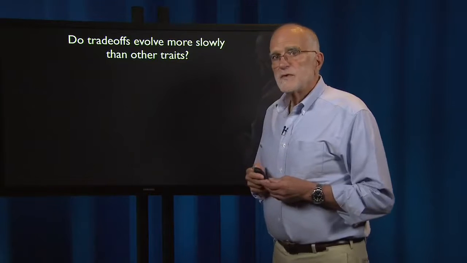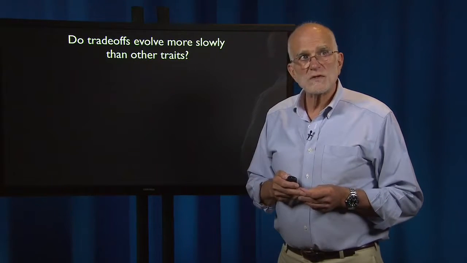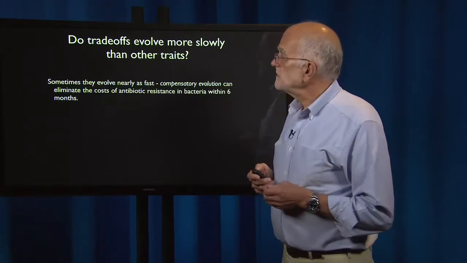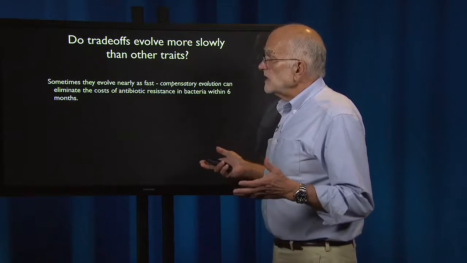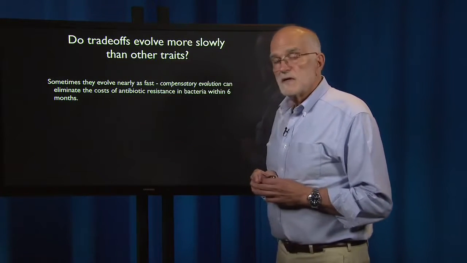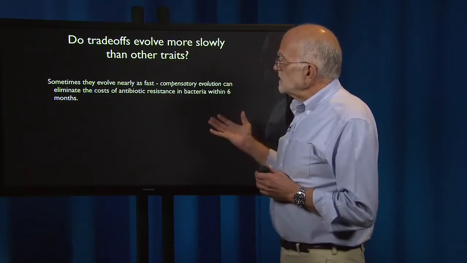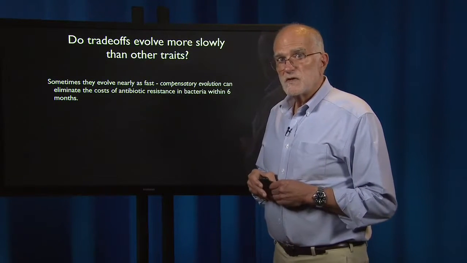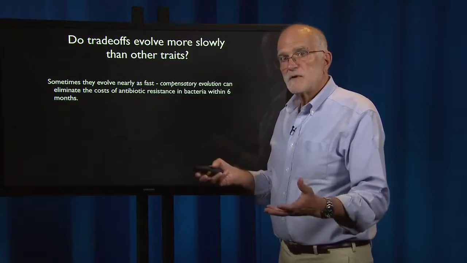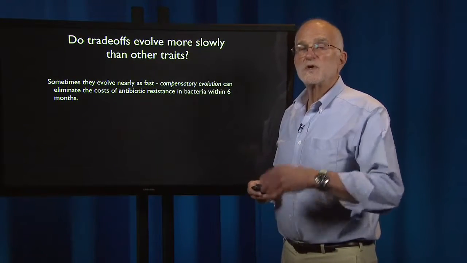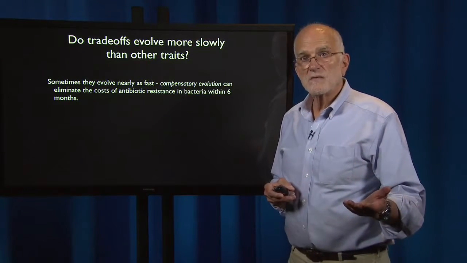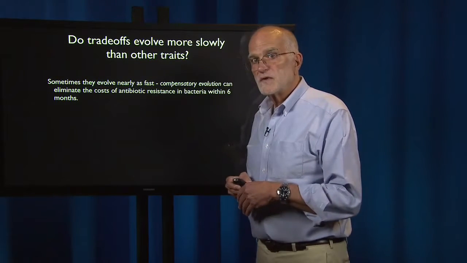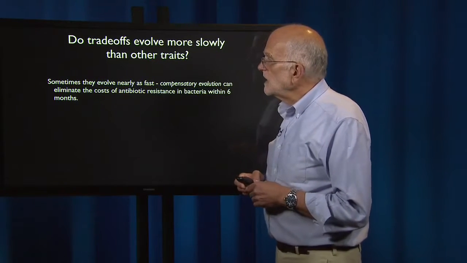A critical question is whether trade-offs actually evolve more slowly than do other traits. Sometimes, in fact, they evolve nearly as fast. So in bacteria, antibiotic resistance is thought to be costly. It's thought to be bound up in a trade-off. In other words, it's good when the antibiotic is there, but it slows the bacteria down when the antibiotic is not there.